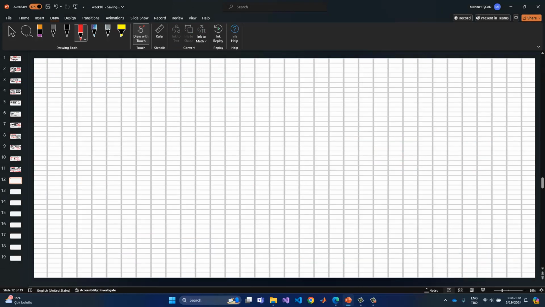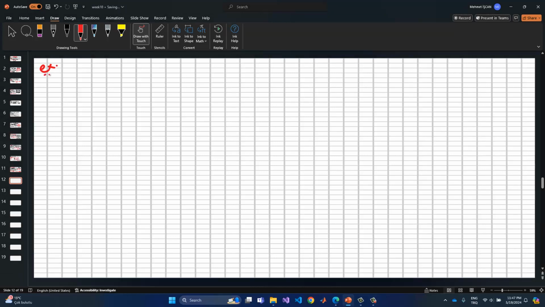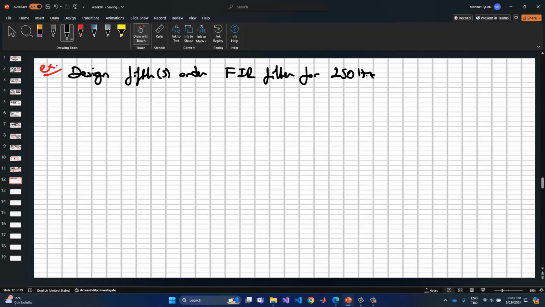We need to solve the example problem in here. The example is: design a fifth order FIR filter for a 250 Hertz cutoff frequency, with the sampling rate Fs at 2000 Hertz.